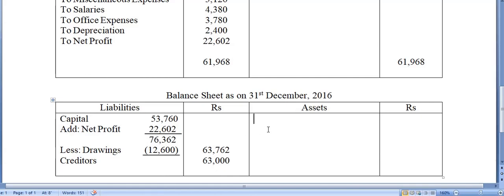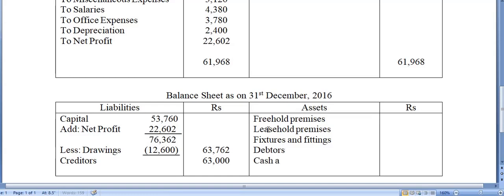In the asset side we must write first, because I'm following method 1, freehold premises. After that, leasehold premises, then fixtures and fittings, then debtors, cash at bank, then cash.